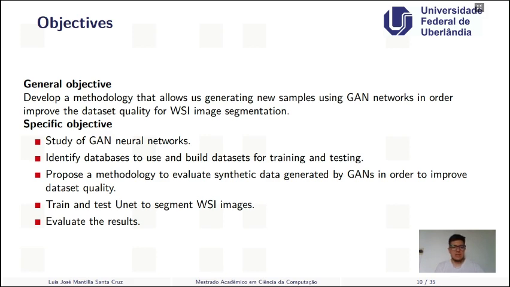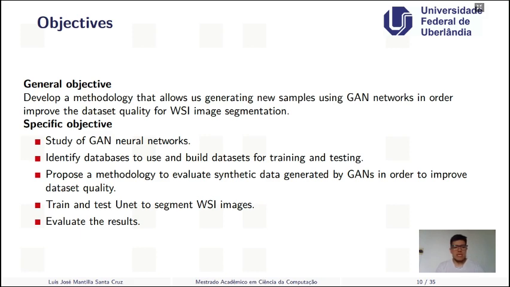Well, the specific objectives. First, study GAN neural networks. The second one is identify the databases that allow us to build training and testing datasets. The third one is propose a methodology that allows evaluating synthetic data generated by GANs in order to improve the dataset quality.